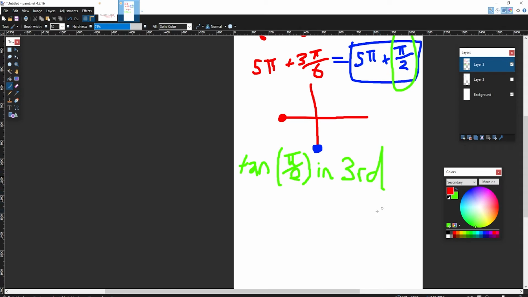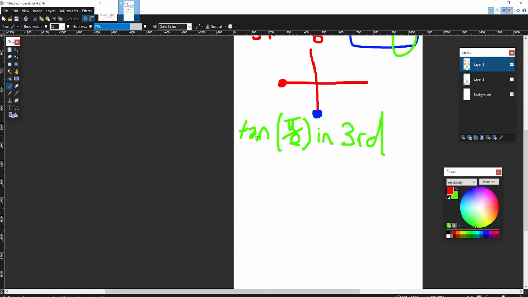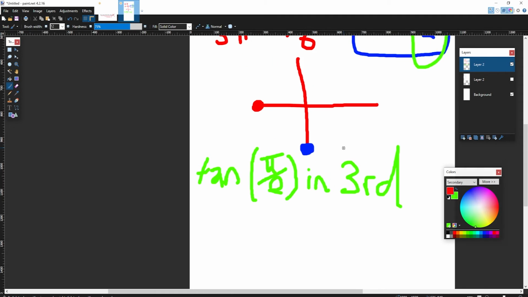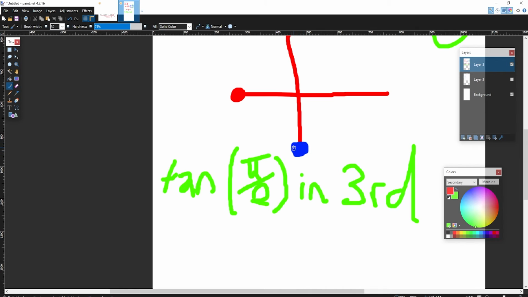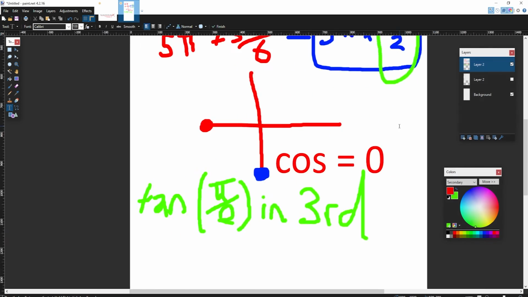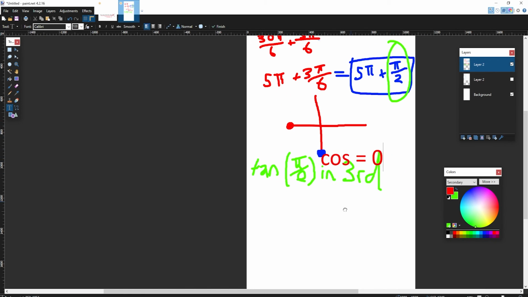So tangent of pi by 2 is going to be undefined, because at this point on the unit circle, our cosine is 0 and our sine is -1, since we're going under the x-axis.